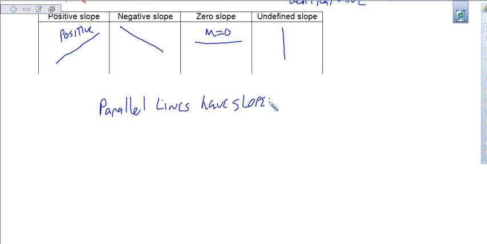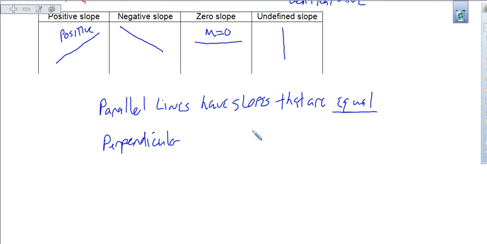So we have slopes that are equal. And for perpendicular lines, we have opposite reciprocals. So the slopes are opposite reciprocals. And let's take a look at a couple of examples of that.